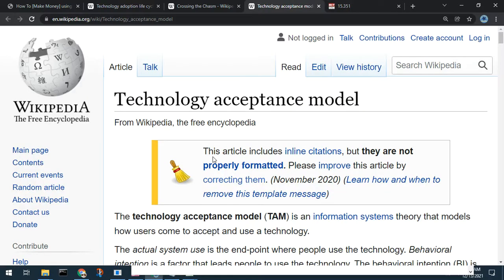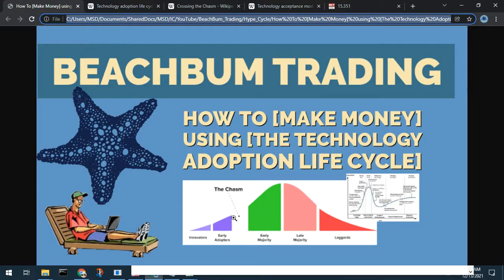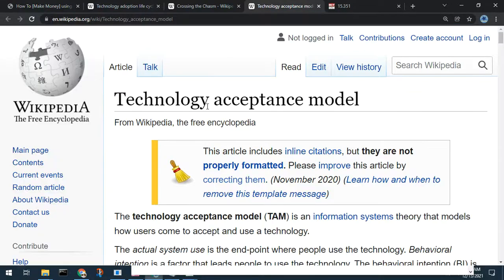So how do we evaluate, or what additional information can we use to evaluate whether a company, a product, a technology is going to be able to cross that chasm between the early adopters, technophiles, etc., and the early majority? Well, another useful input, and I'll put a link to this Wikipedia article in the description box below, is what's called the technology acceptance model.